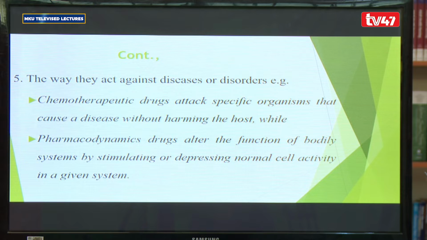For example, chemotherapeutic drugs attack specific organisms that cause a disease without harming the host. Or we can talk about the pharmacodynamics of a drug, which alters the functions of the body system by stimulating or depressing normal cell activity in a given system.